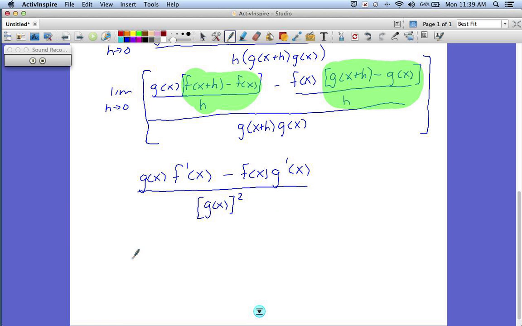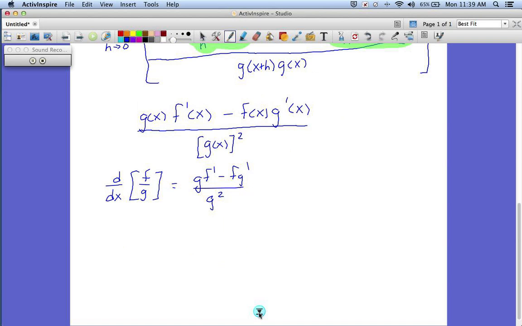So in short, the derivative of f over g is g f prime minus f g prime all over g squared. And let's look at our example we had earlier, which was the derivative of sine over cosine, or tangent.